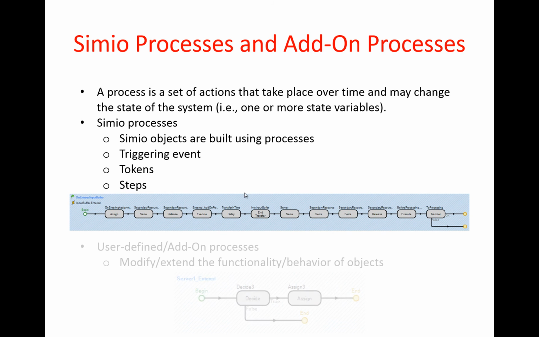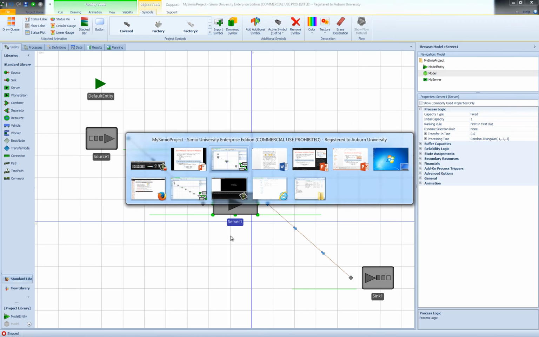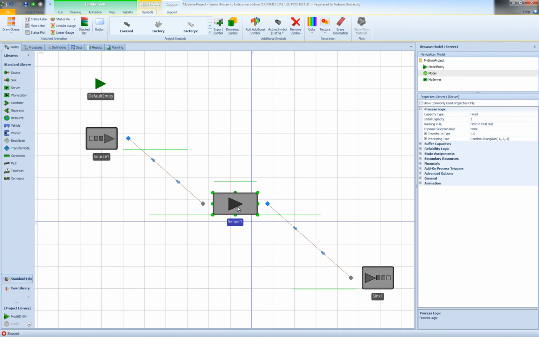Now, add-on processes or user-defined processes are used to modify or extend the functionality or behavior of your objects. For example, I can go to my model, click on my server object and go to add-on process triggers, and now I can modify the behavior of my server in different ways.